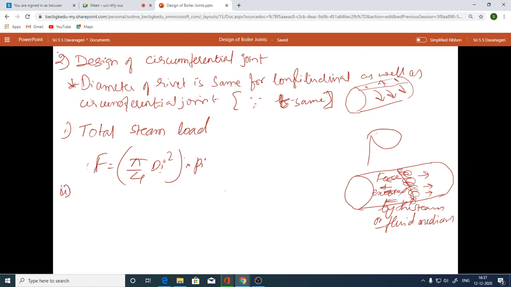Next, you need to find out the strength of rivets in each case. First, strength of rivet in shear. Let us go for shear. Now it is only one rivet. Then strength of rivet in crushing.